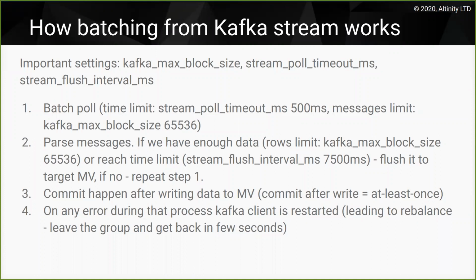As you can imagine, because that commit happens after writing, it means that we use an at-least-once scenario. So if something goes wrong in between, during that flushing of data to the materialized view, some error, lack of disk space or something like that, it will not be committed, and you will get back to the previous position, and you will start getting duplicates at that point.